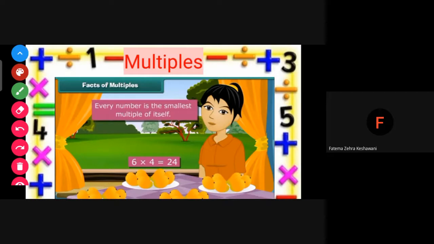That's why in FA1 also your paper was easy, and FA2 also. So that's why I always explain some notes, because when you are in a higher standard, they will ask some theory.